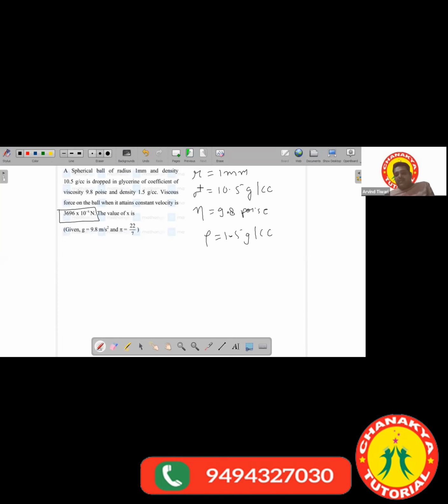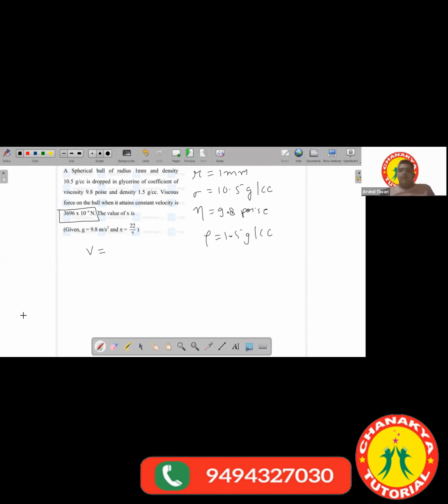So using this information, whatever is given here, can we find the value of terminal velocity? Yes, Javian, can we find the value of terminal velocity here? Yes, I can try.